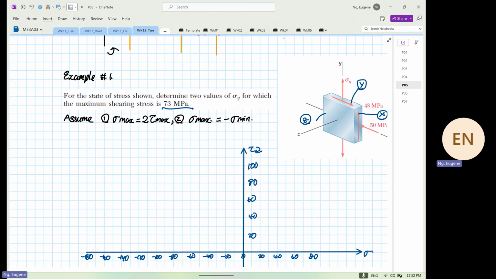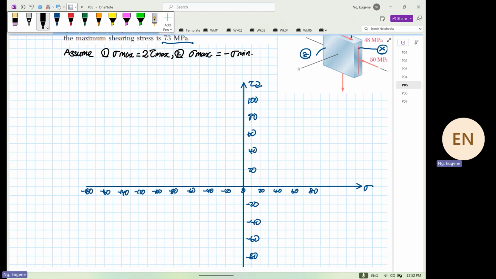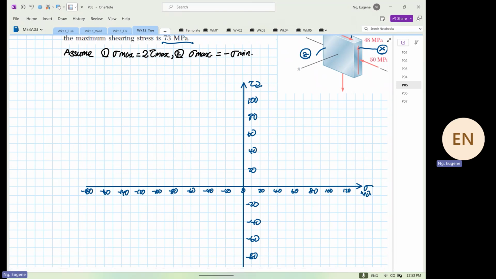When you make this assumption, we are going to draw a box. So this is 80, 100, 120, 140. We know that stress max is equal to twice 73. So this is equal to what? 146.